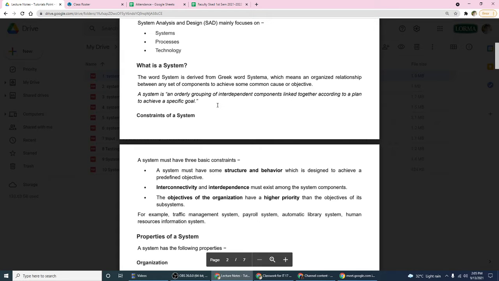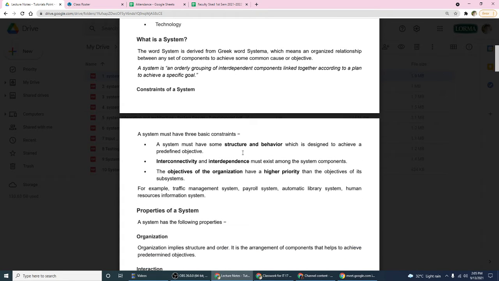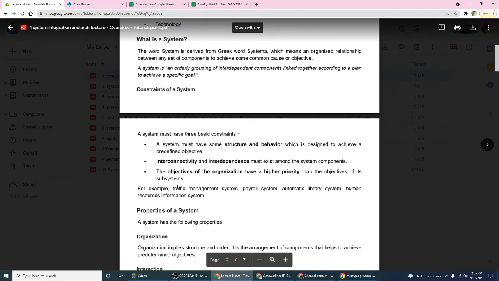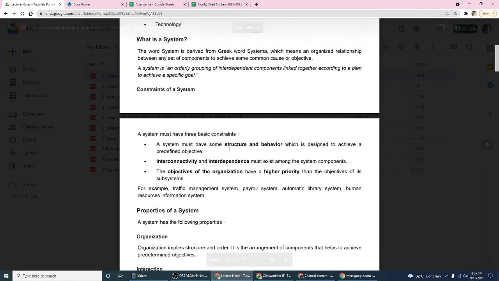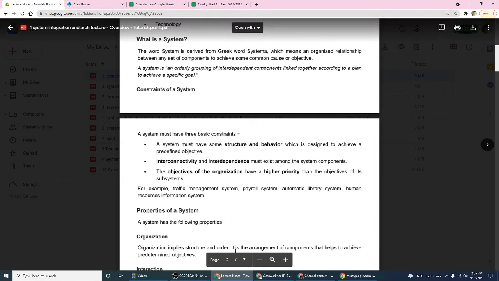We have the constraints of a system. A system must have three basic components. First, we have the structure and behavior, then the interconnectivity and interdependence, and then the objectives of the organization. Those are the three basic components.